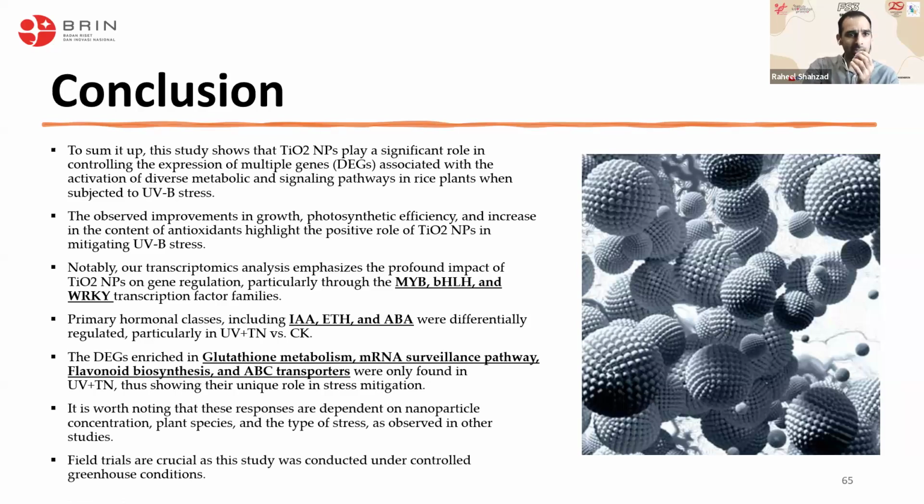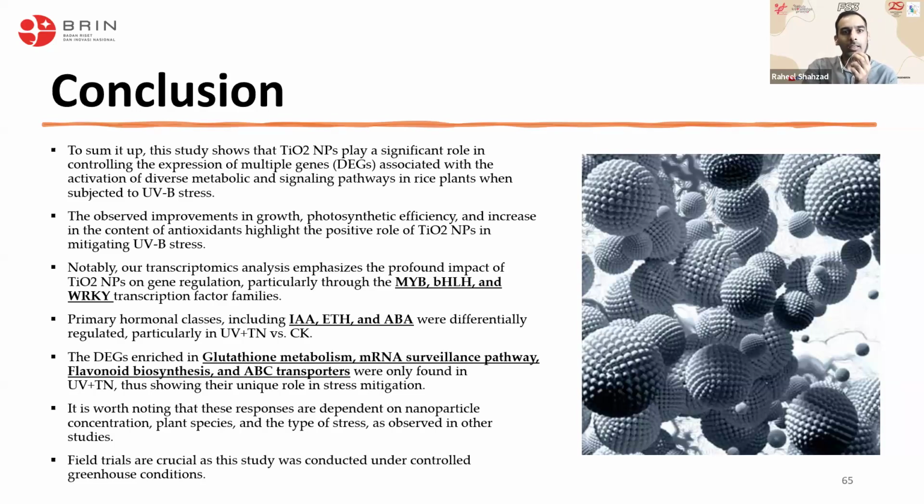Lastly, it is also important to mention that nanoparticle concentration, plant species, and the type of stress are all important factors when you design your research. And the field trials are crucial, because most of these studies are done under controlled conditions in a glass house.